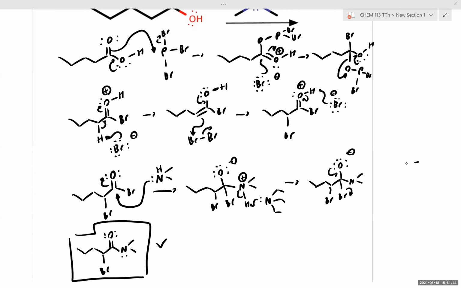Yes, you can use another equivalent of amine, but in cases where you have only one equivalent of your added amine, you usually need an external base like sodium acetate or triethylamine in order to deprotonate your product.